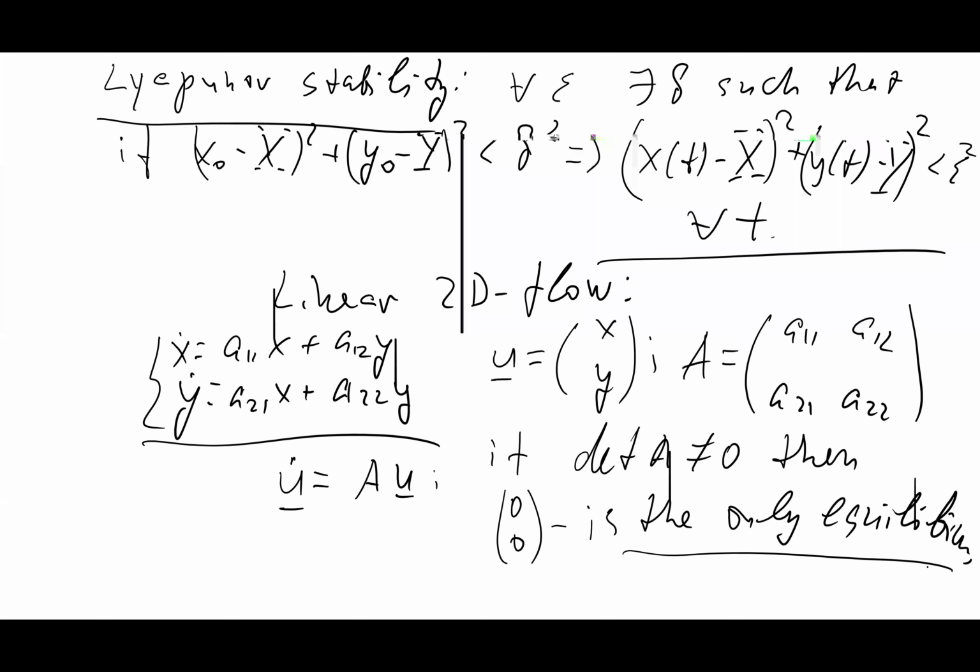And therefore, what we do, in fact, we analyze stability of (0, 0): how stability of this equilibrium depends on entries of matrix A. So this is our problem.